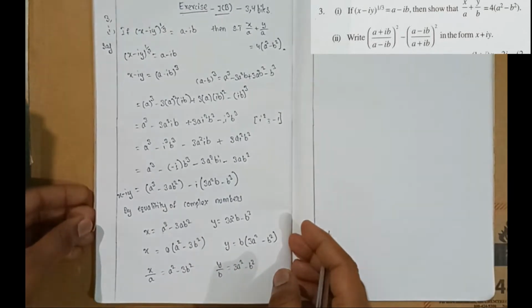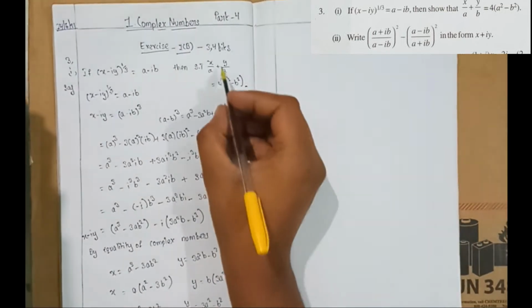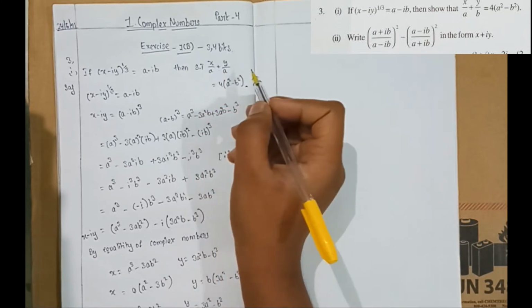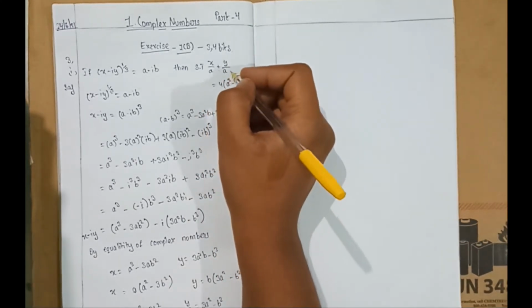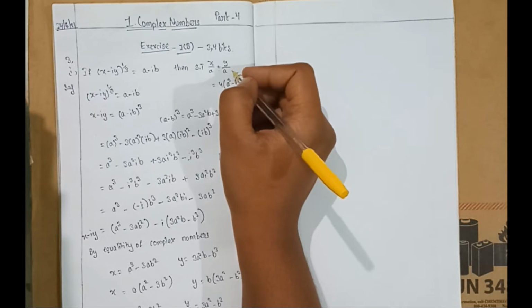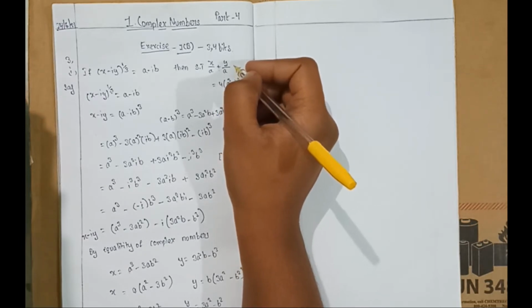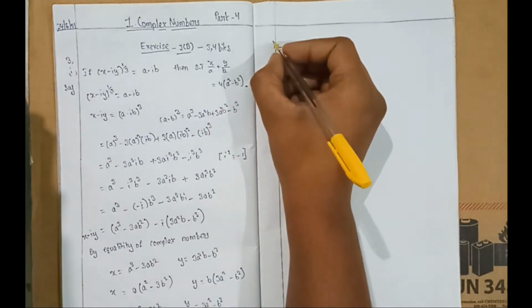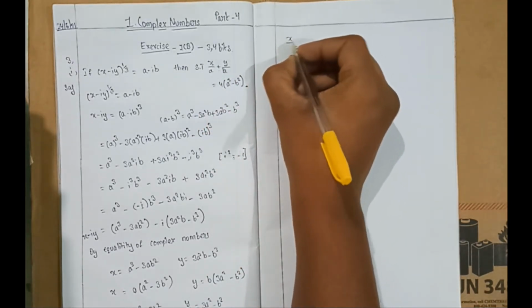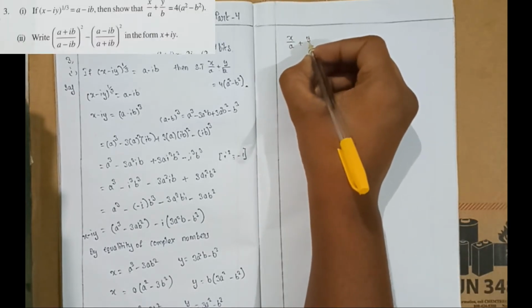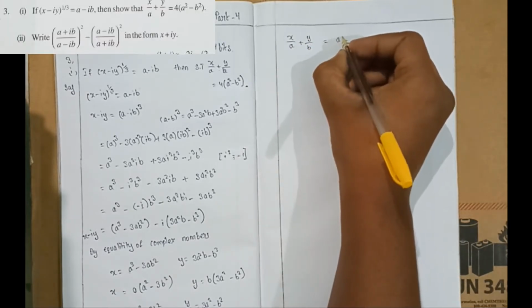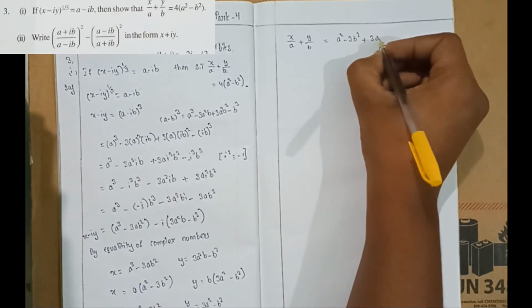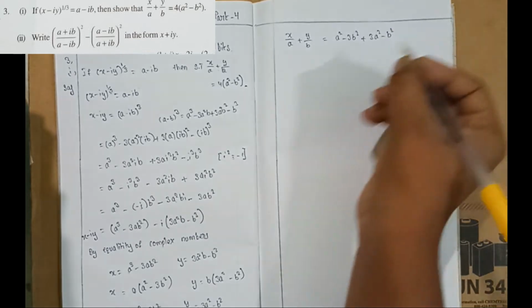Okay, now in the question they asked us to find x by a plus y by b. Now x by a plus y by b equals a square minus 3b square plus 3a square minus b square.